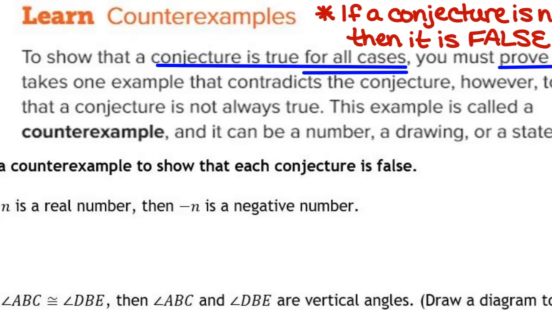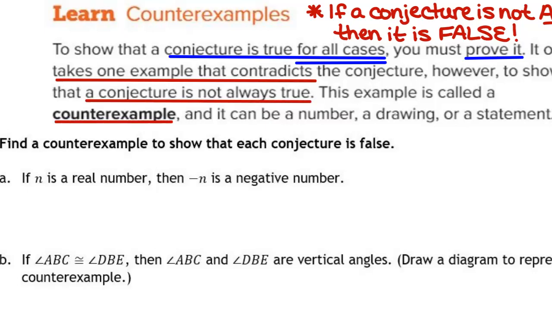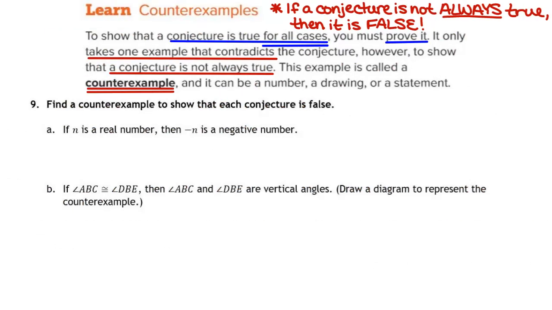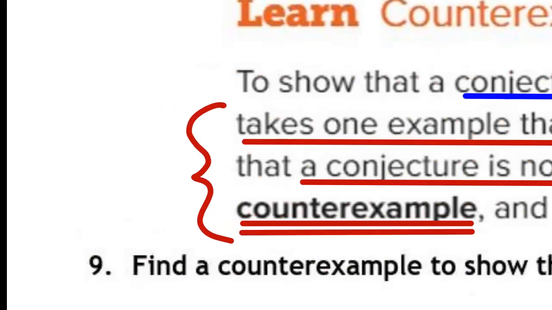To show that it's not always true, it takes only one example that contradicts to show that it is not always true. And we call that example a counterexample. And that's what we're going to practice doing on a couple examples here.